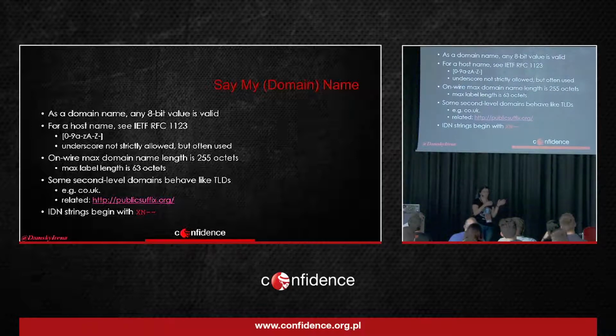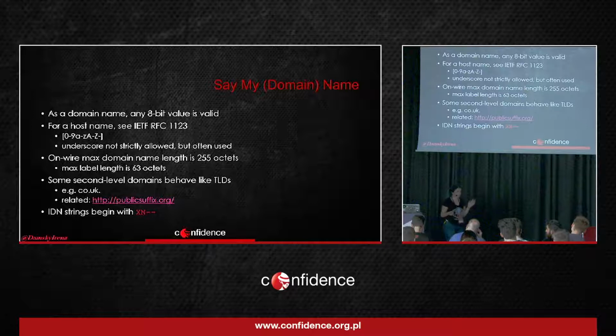On the lower levels, on the subdomains, you are actually allowed to use underscores, although it's not highly recommended. Also, there are some TLDs that prohibit use of IDN characters, so international characters. So sometimes you cannot use those in the primary domain name.